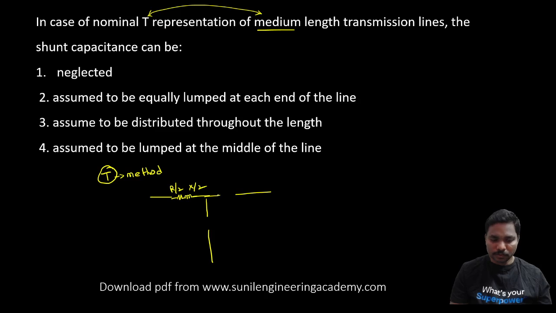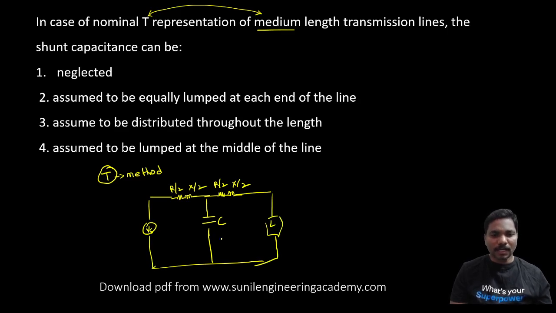Here also the same, R by 2, X by 2. And here we are taking the total capacitance. If we give the supply here, and here we are going to give the load. So this is the nominal T method.